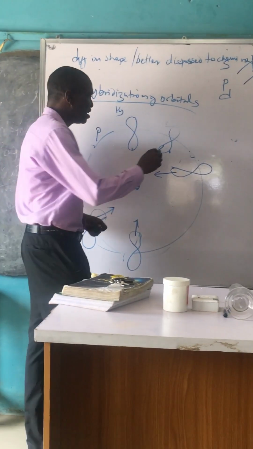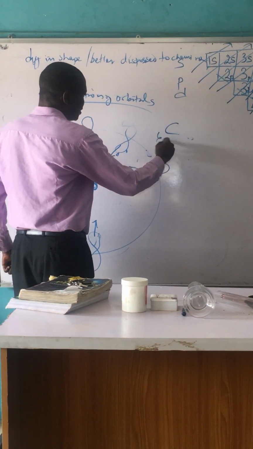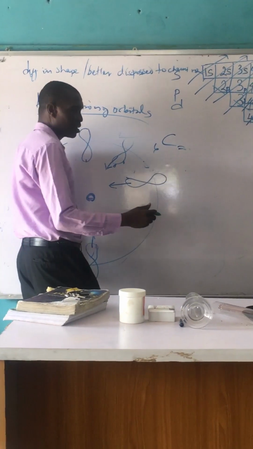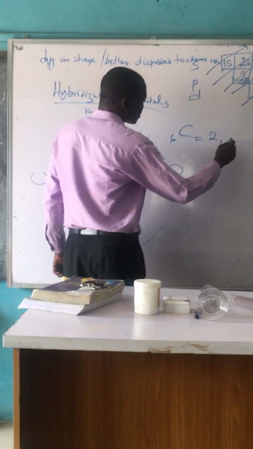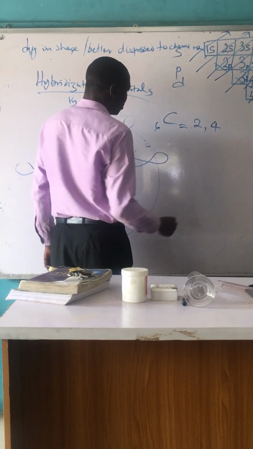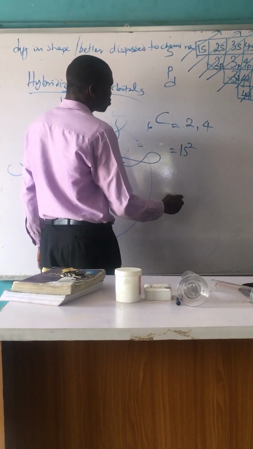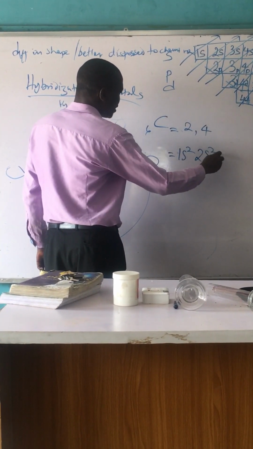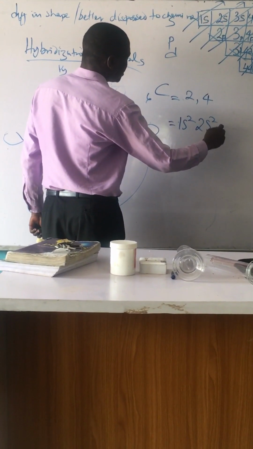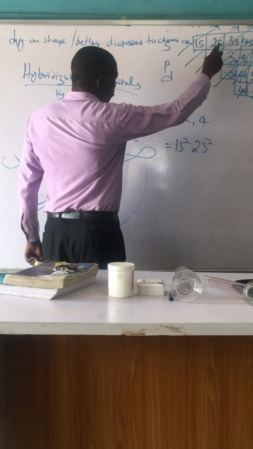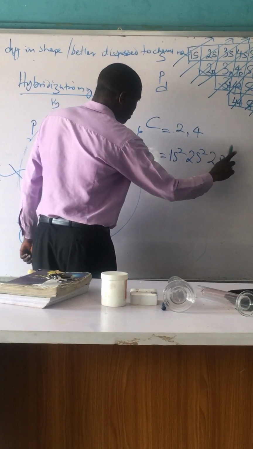For instance, if I have carbon, the atomic number is 6, so we have 6 electrons. Carbon is 1s2, 2s2, 2p2.